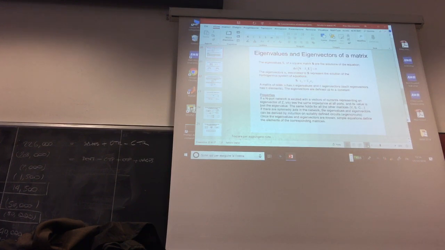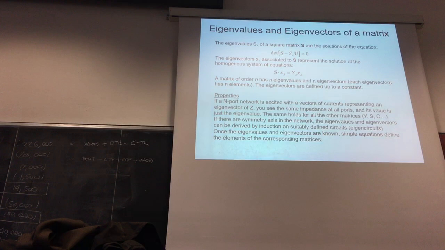Okay, first of all, what is the meaning of eigenvalues and eigenvectors of a matrix? The meaning is only mathematical, so there is no particular consideration to do. If I have a square matrix S, I can evaluate analytically its eigenvalues and eigenvectors by means of the solutions of these two equations.